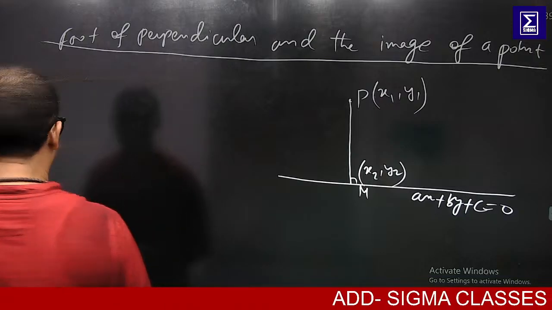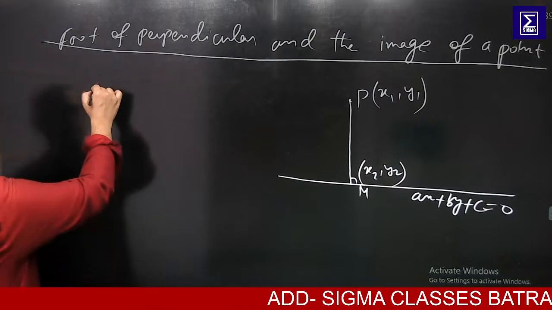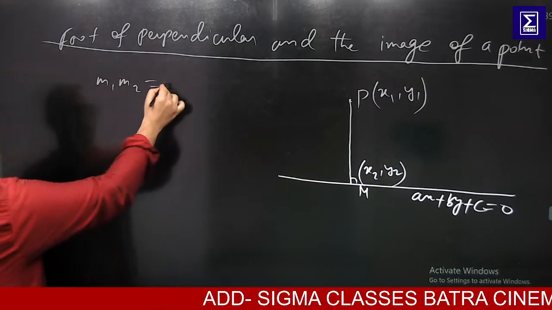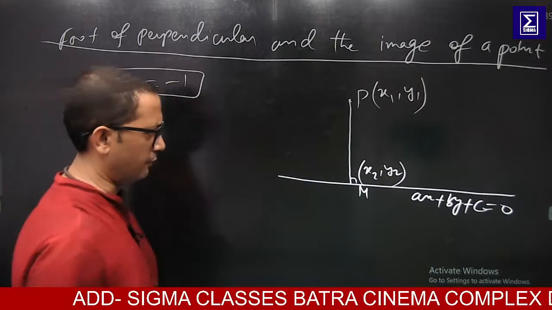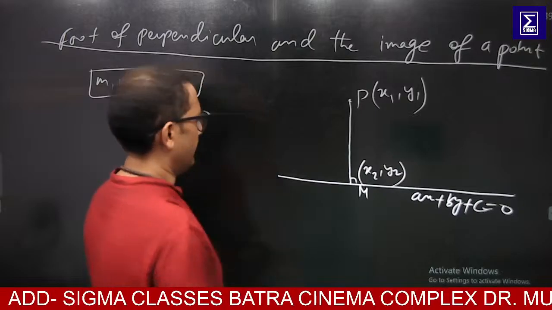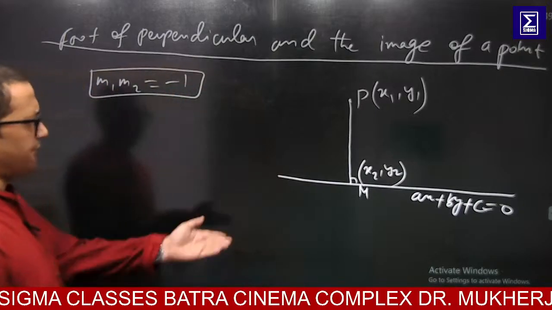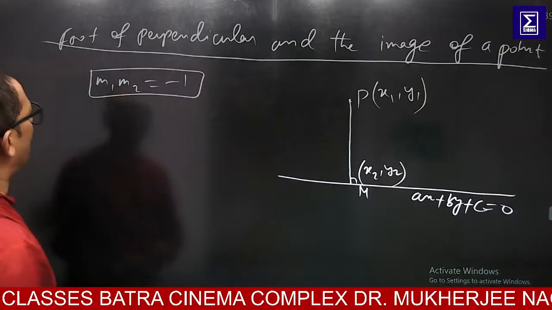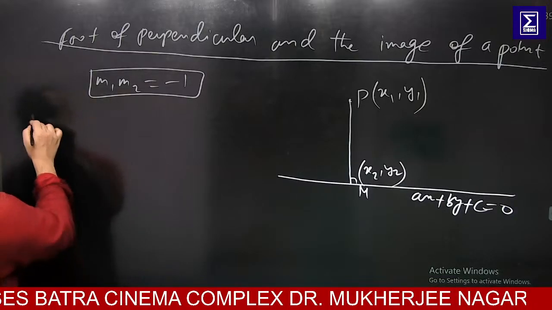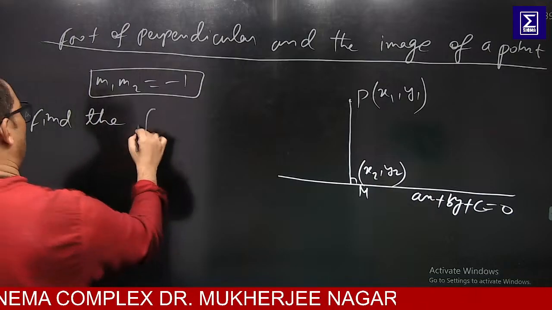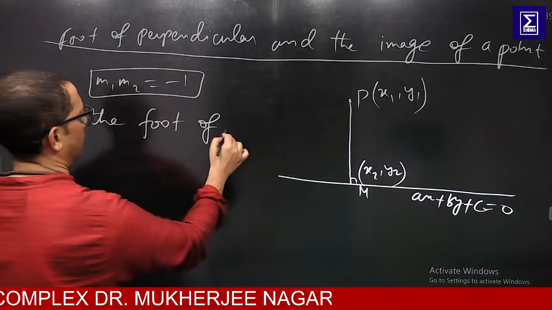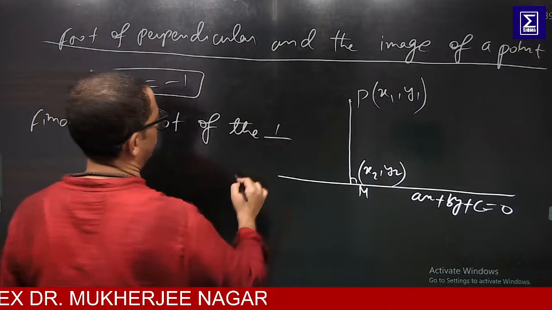We will use the concept of m1 m2 is equal to minus 1. We will get the slope of both the lines and then we will derive the formula. So what is to be done? We have to find the foot of the perpendicular.